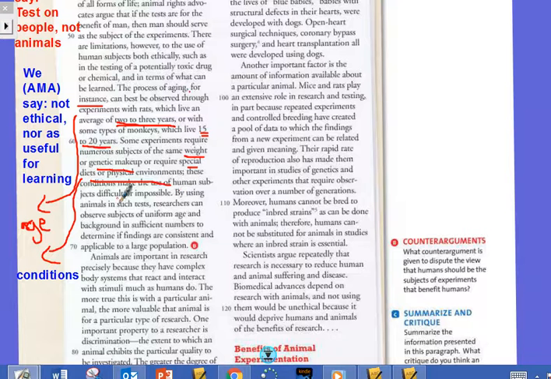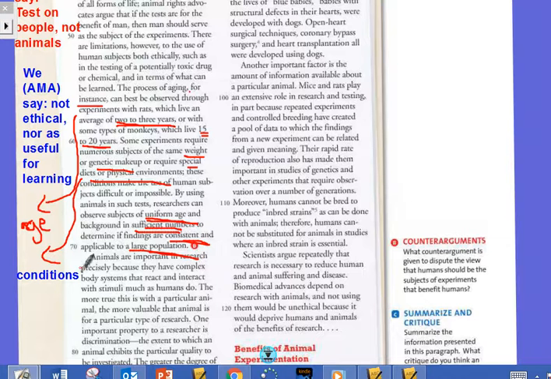Again, by using animals in such tests, researchers can observe subjects of uniform age and background in sufficient numbers to determine if the findings are consistent and applicable to a large population.